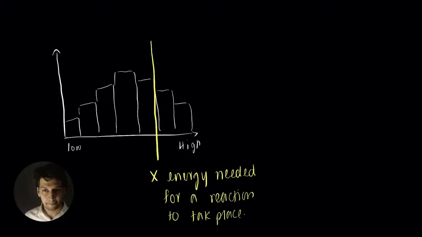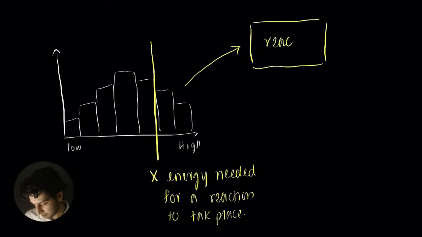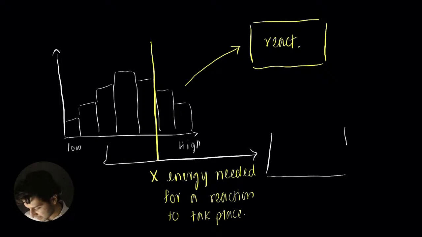So all of these particles in front will go and react. All of these particles have enough energy to react, whereas these guys over here do not have enough energy to react. So I can heat them up or something to make them react.